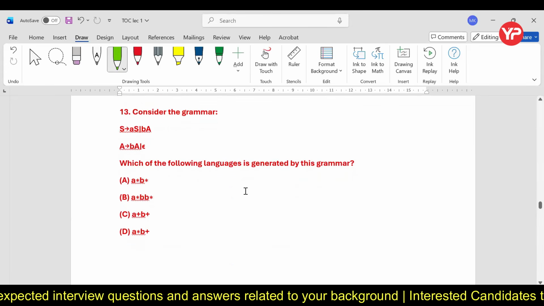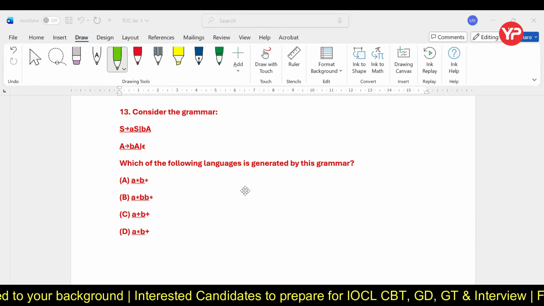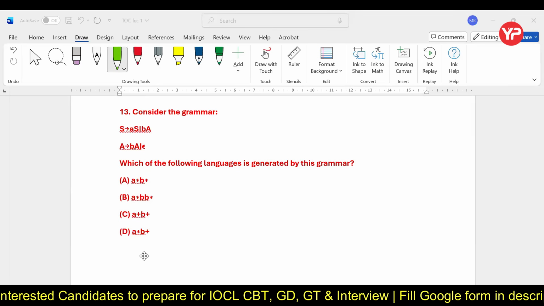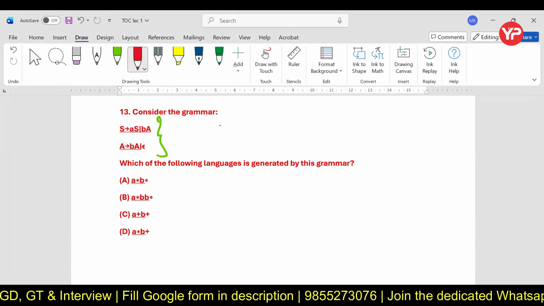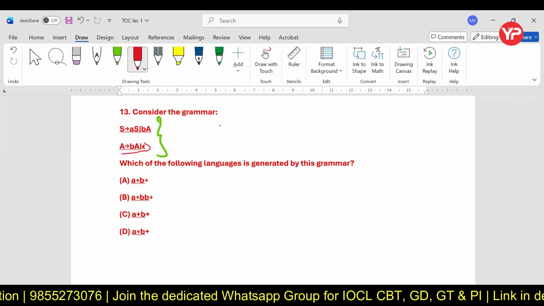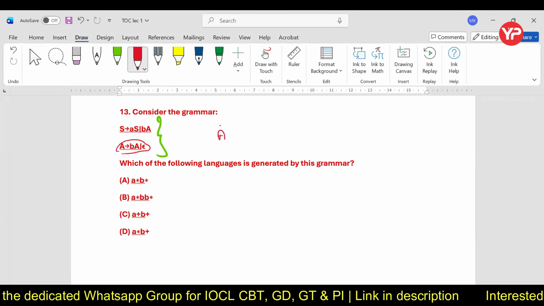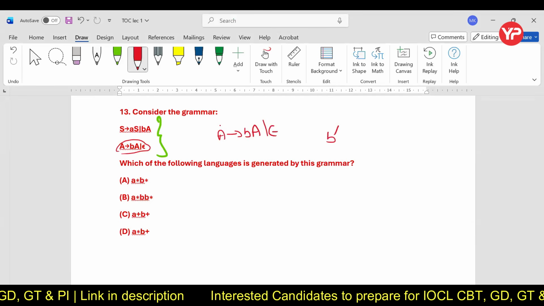Next. Consider the following: which language is generated by the grammar? Very important. Now tell me the right answer. See, my dear students, from this grammar, what are we going to accept? Let's talk about this production. A goes to bA or epsilon. So it accepts b star, right?